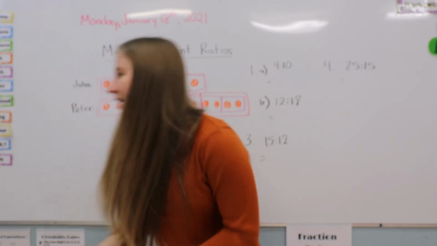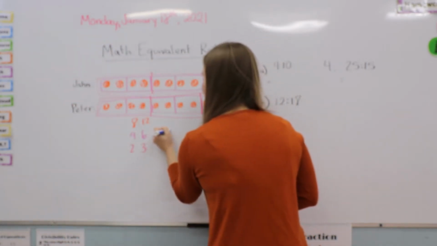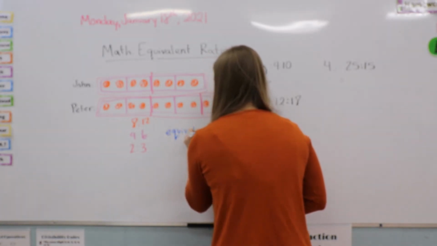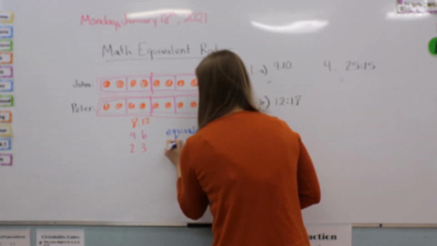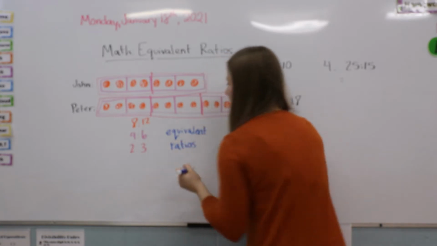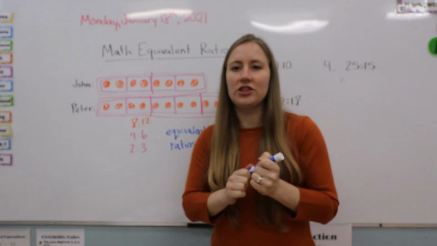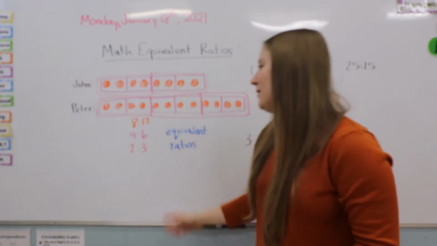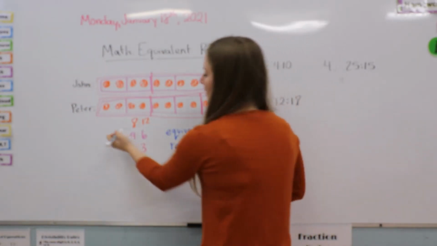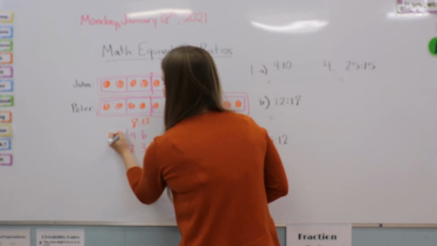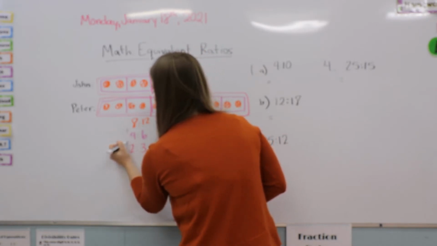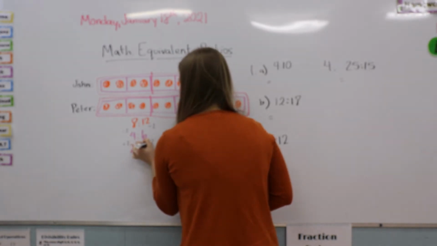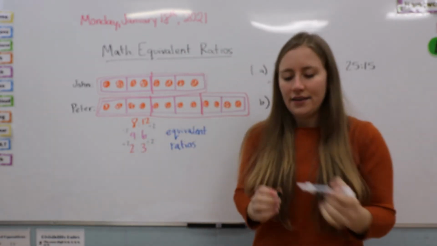But all 3 of these are equivalent ratios, which means they show the same relationship to each other, the same amount of quantities to each other, okay? And basically what we did here, to simplify it on each step, is divide by 2 on each side along the way. So do you see how that works?